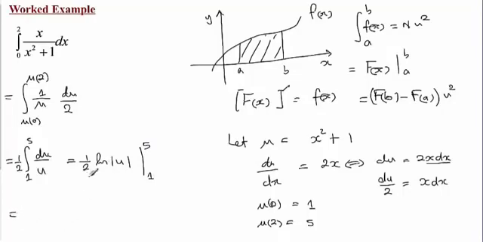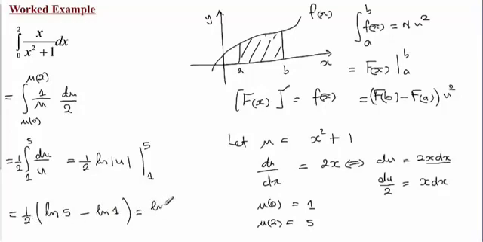Now our final answer would be half multiplied by ln of 5 minus ln of 1. But we all know that ln of 1 is equal to 0, so it will be ln of 5 minus 0.